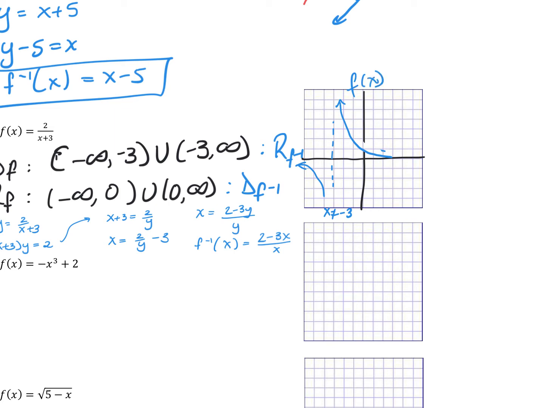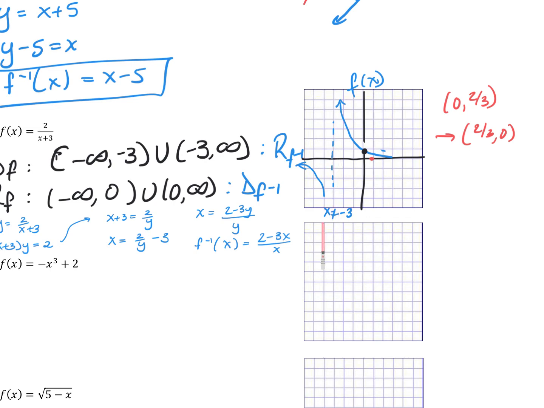Now, this point is a key point. My point, which was the point (0, 2/3), on my inverse becomes (2/3, 0). So it's going to go to that point right there as inverses.